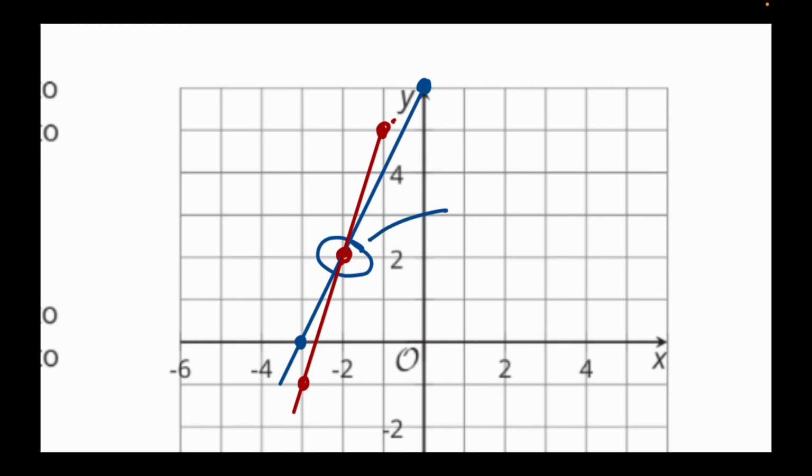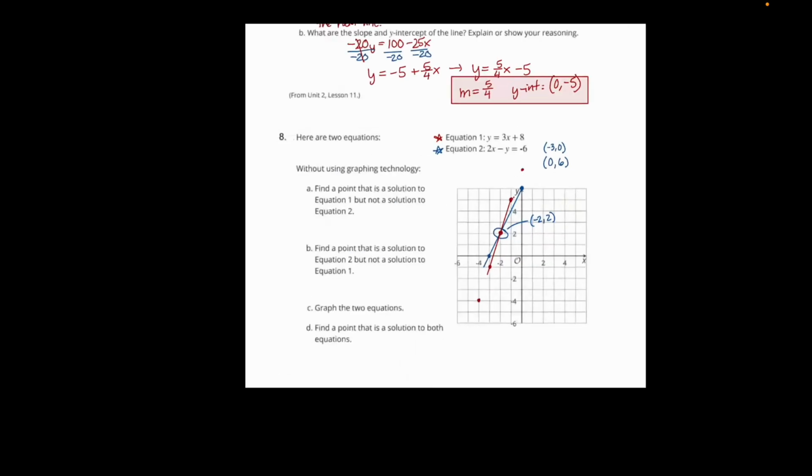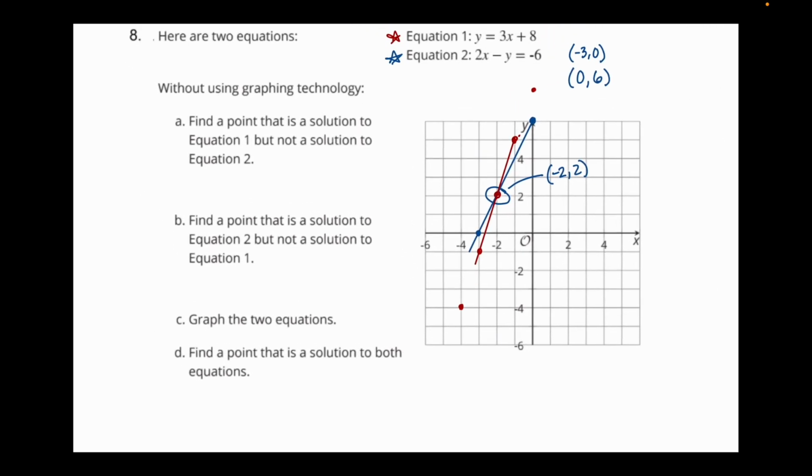This is going to be the intersection or their answer. That's going to be something that's a solution to both. And so this lands at -2 on the x and +2 on the y. So it is -2 comma 2. And that's what I'm going to put down here. So -2 comma 2.